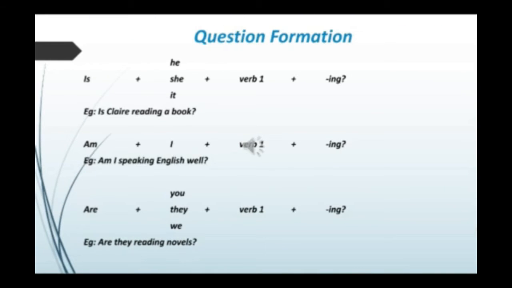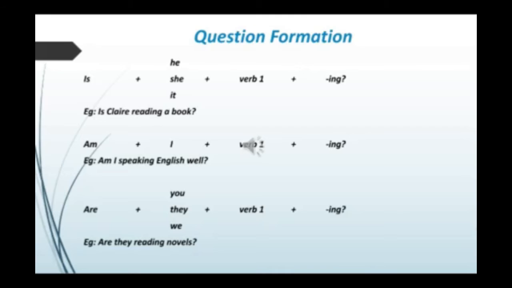Next, we should know how to make questions in present continuous tense. For this, first we have to place the auxiliary verb, whether it is or am or are, then the subject, then the first form of the verb, then ing, then at last put a question mark also. So for example, if the subject is singular, we know that we should use is.